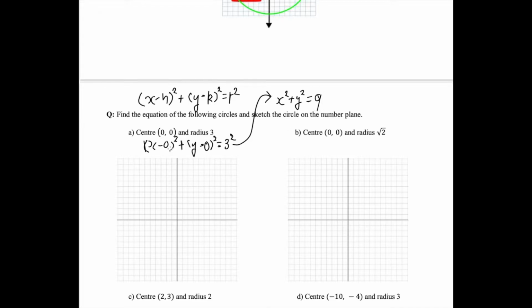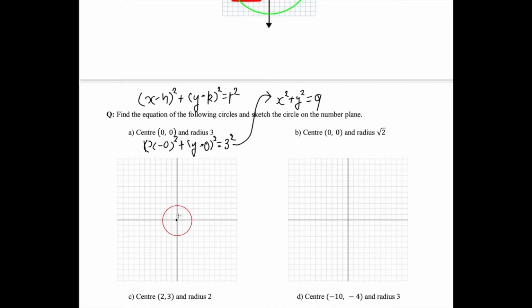Okay, now I assume you know how to draw a circle where the center is 0, 0, so this is the center, and the radius of 3. To draw that, you basically just have to draw a circle with radius 3 with the center at the origin. So just draw like this. There we go.